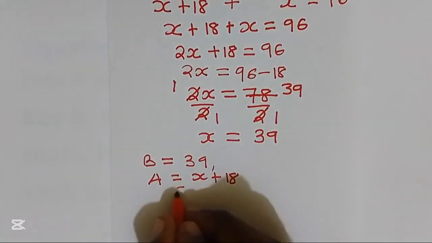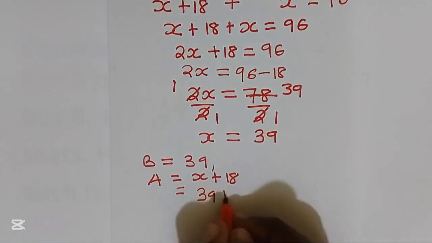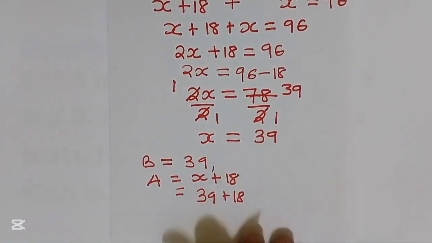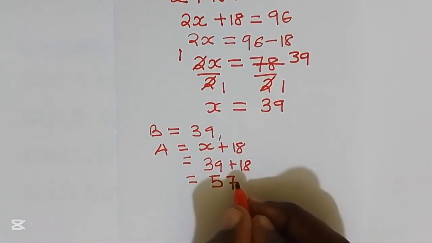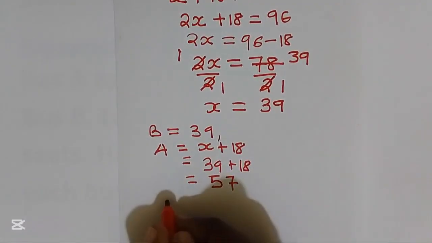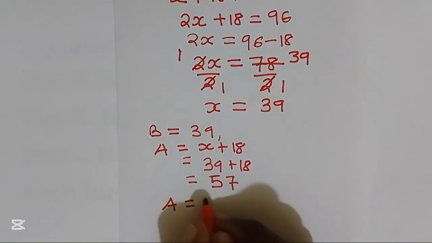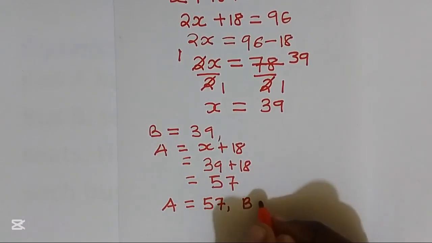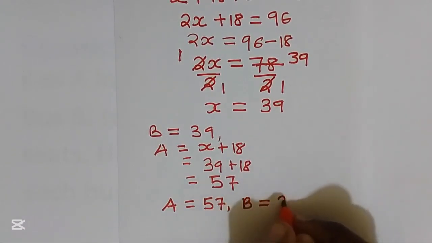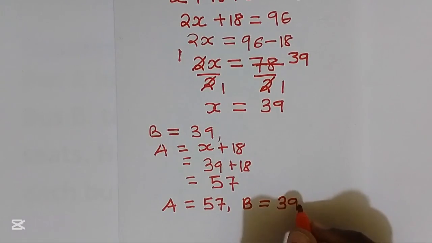This is equal to 39 plus 18. This gives us 57. So bus A has 57 seats and bus B has 39 seats.